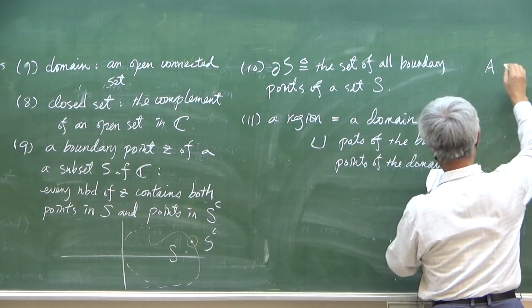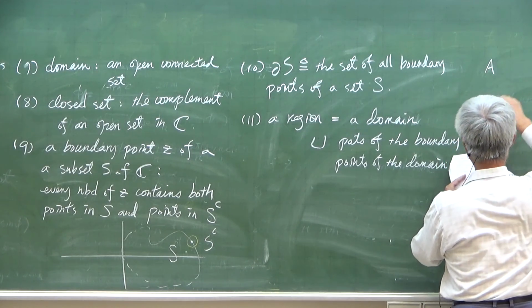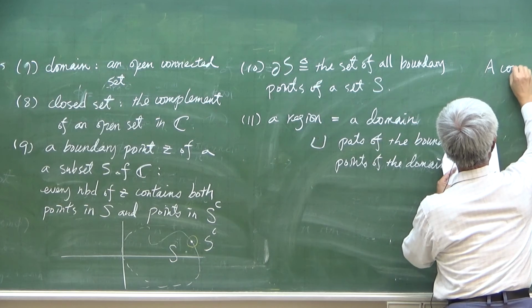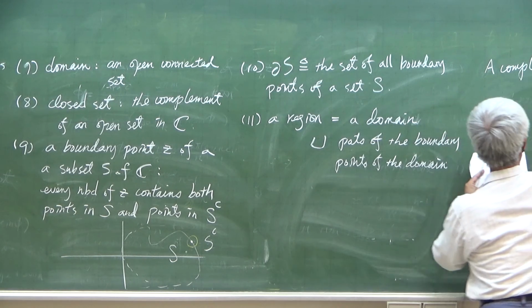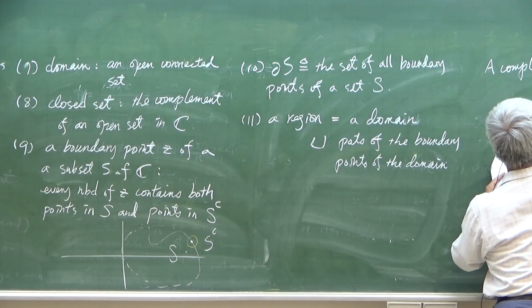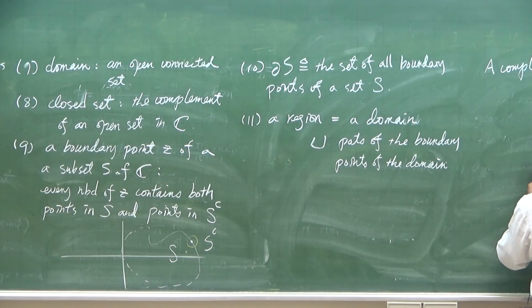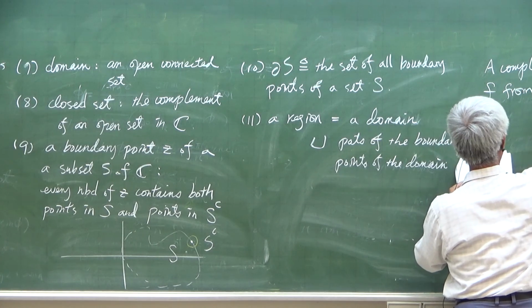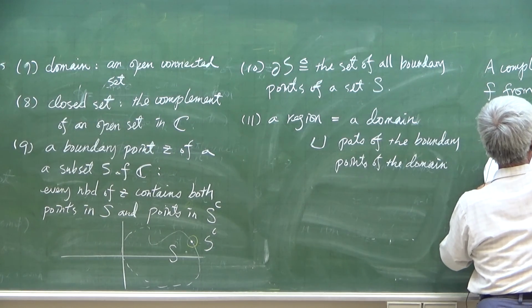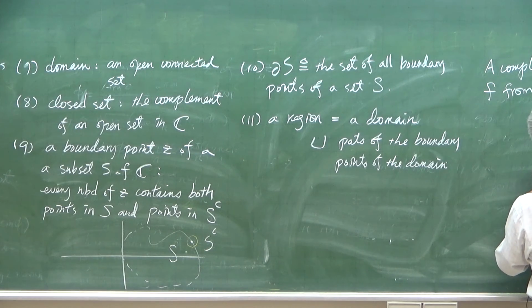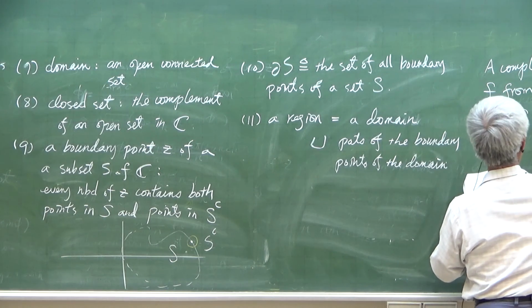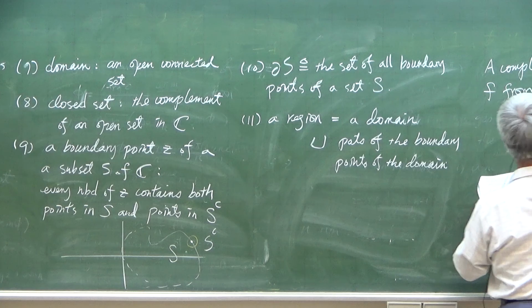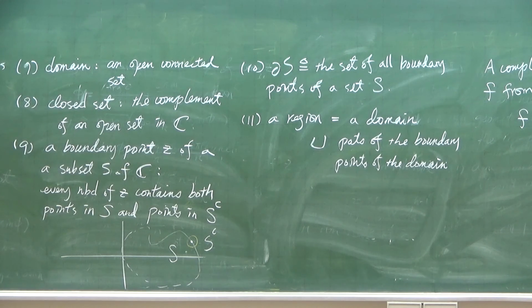Before we end the lecture, I would like to give the definition of a complex function. It's a function f from a subset X of C to C. So f maps X to C, and X is a subset of the complex plane.